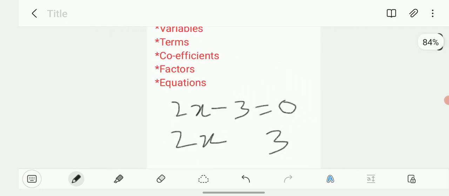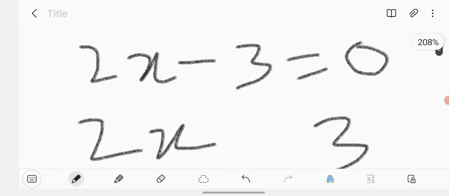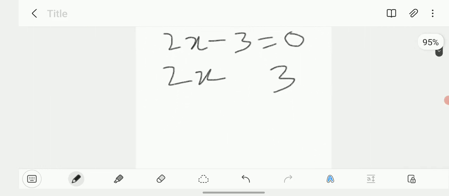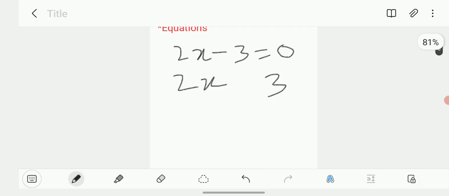Next we need to understand not only terms, but coefficients. Next thing you need to understand, that is coefficient. What is a coefficient? Coefficient is a number which is just before the variable.